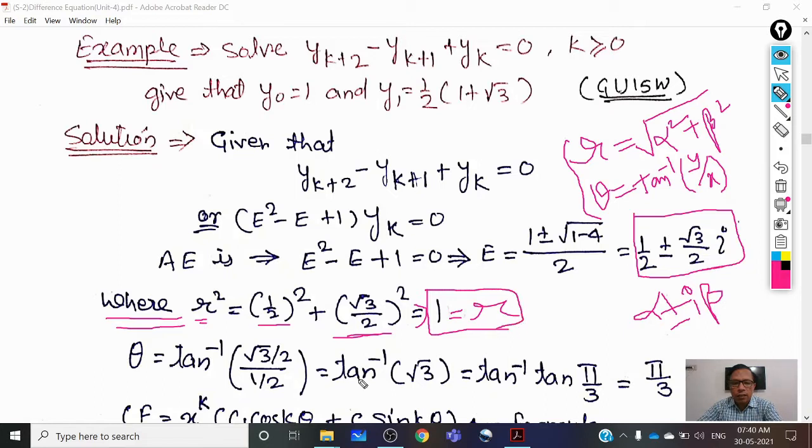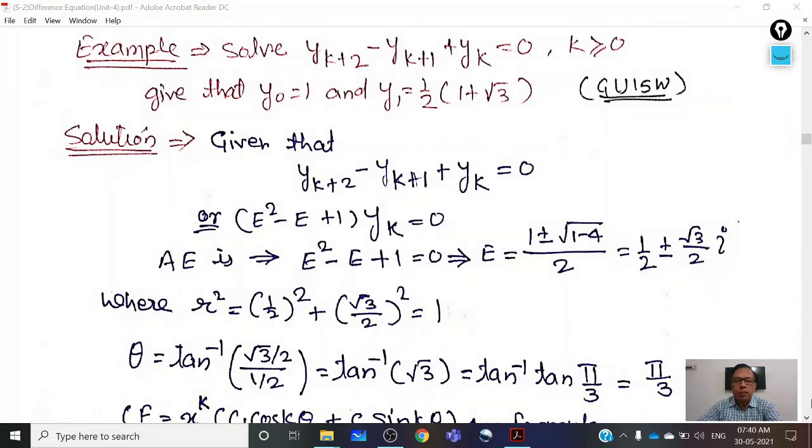And θ = tan⁻¹((√3/2)/(1/2)) = tan⁻¹(√3), and this √3 equals tan(π/3). So finally we get θ = π/3.